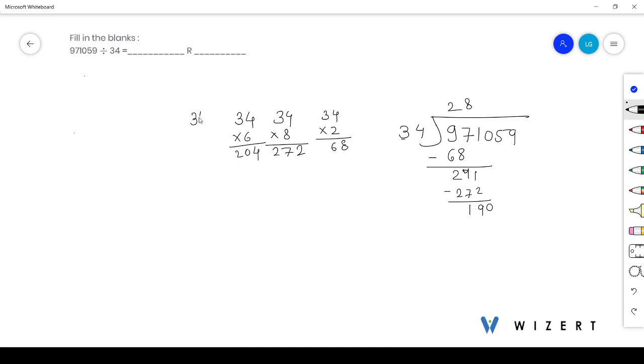So let us check 5. 5 4s are 20, 2 carry forward, 5 3s are 15 plus 2 is 17. So we can take 5. 170. Now 190 minus 170 is 20. Move this 5 down. 205.